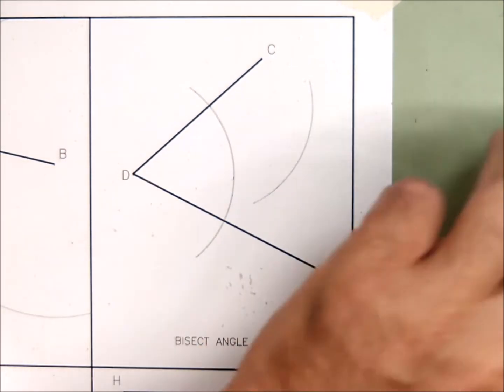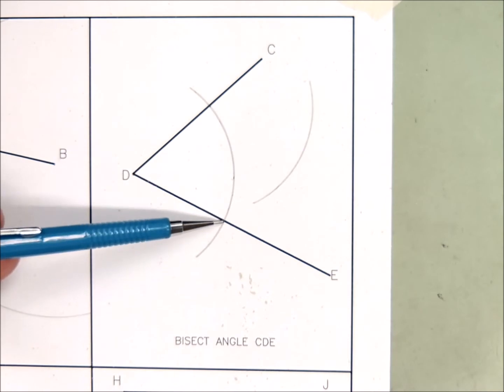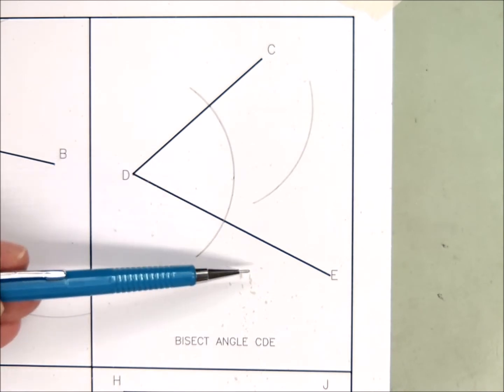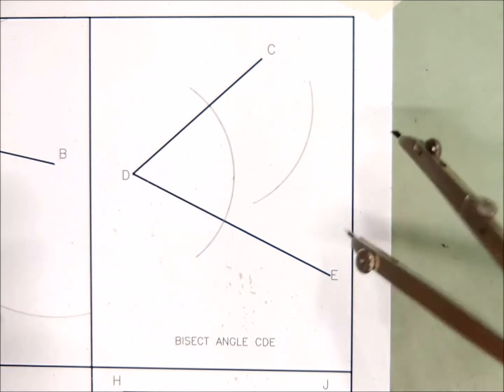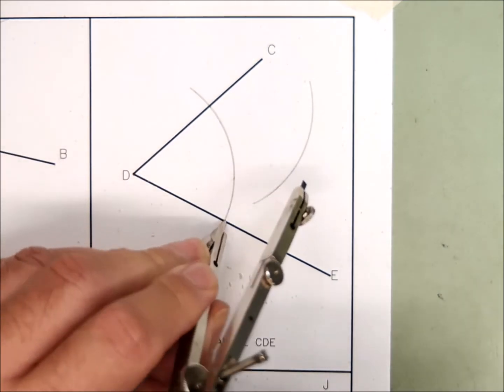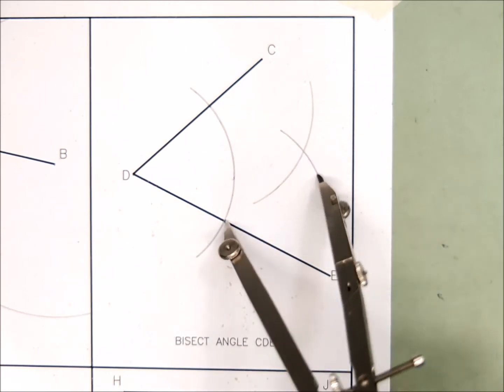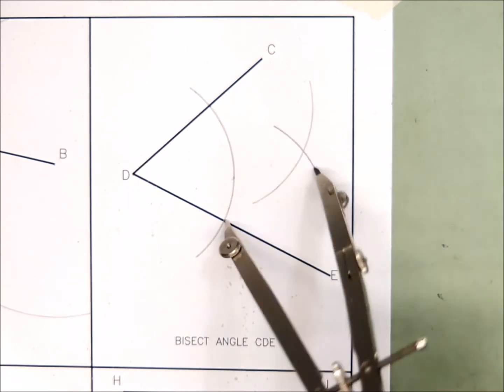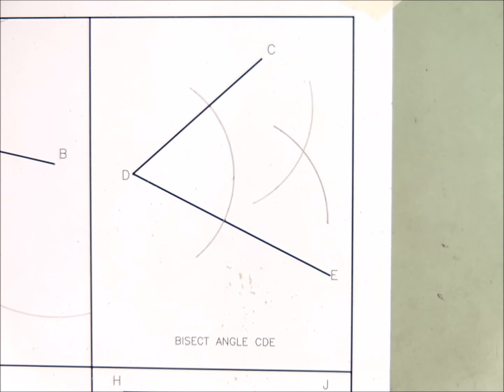I'll put the point of the compass over here where line DE is crossed by that arc. So as accurately as you can, find that point of intersection and make yourself another small arc. While the other bisections were two arcs, this one requires three.